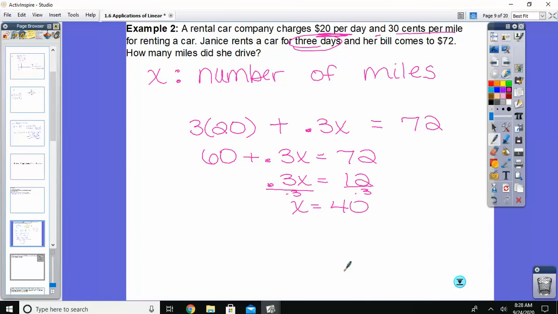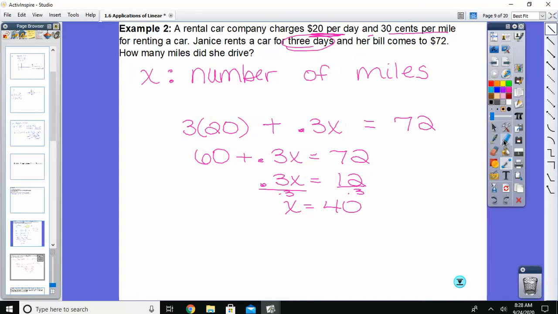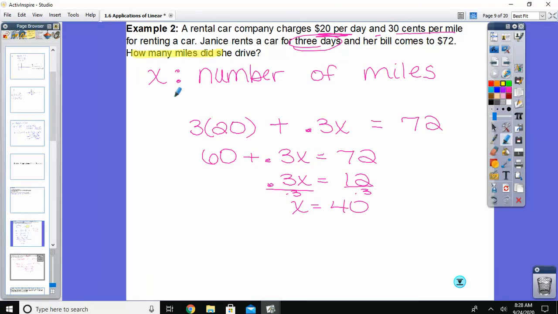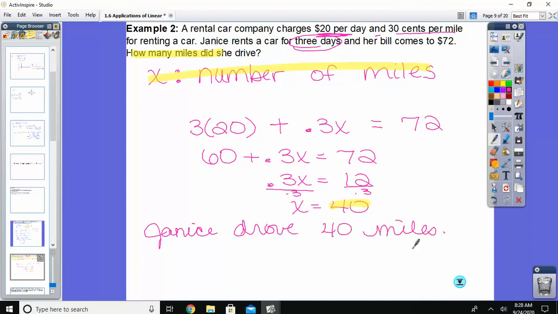Nope. Have to answer in a sentence. The question was just how many miles, and x is my number of miles, so it's just 40. So Janice drove 40 miles.